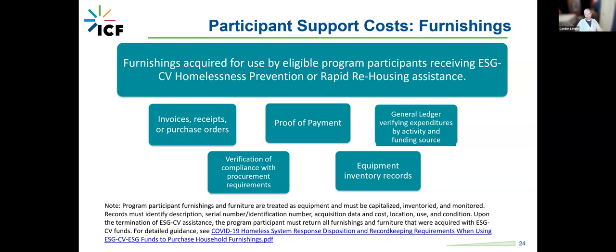Do note that participant furnishings and furniture are equipment and must be capitalized, inventoried, and monitored, meaning you need to keep an eye on where they are. And if somebody asks where the heck that couch went, you need to have an answer.